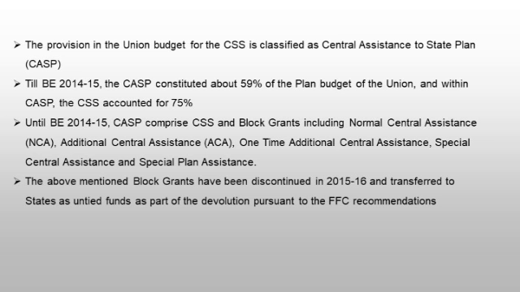Till 2014-15, this CASP constituted about 59%, and within that, centrally sponsored schemes accounted for 75%. This CASP consists of centrally sponsored schemes, block grants including normal central assistance, additional central assistance, one-time additional central assistance, special central assistance, special plan assistance. All various types of confusion used to be there.